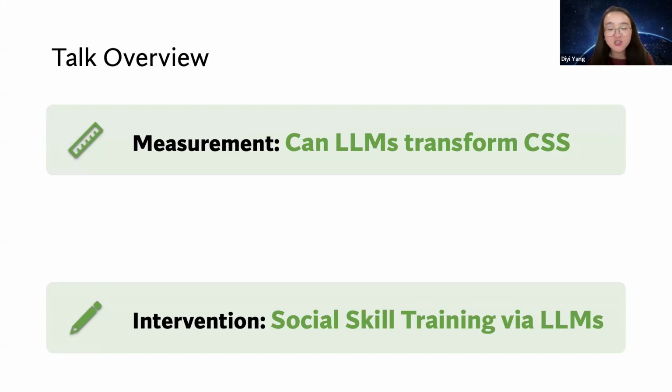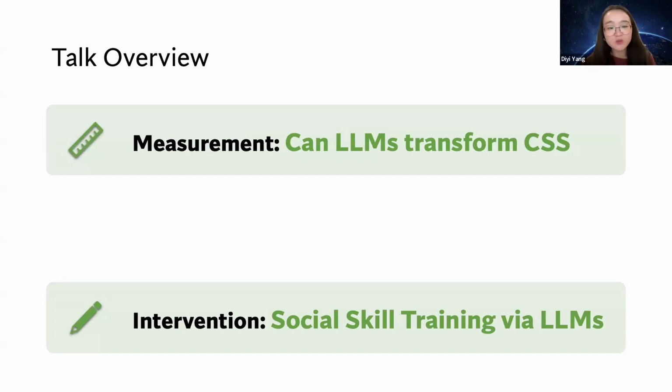We analyze zero-shot performance of around 13 large language models on 24 representative tasks. And from an intervention perspective, I will talk about social skill training with large language models, sharing with you how we can use large language models to teach conflict resolution skills through simulated practice.